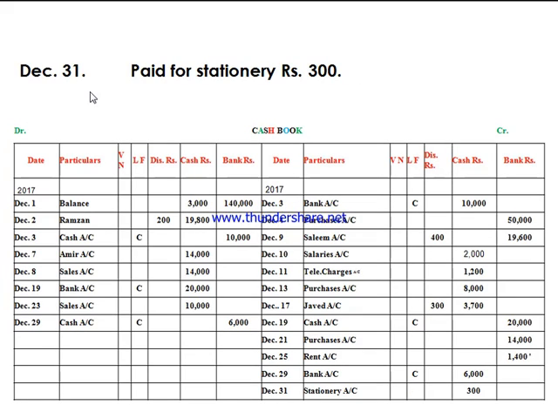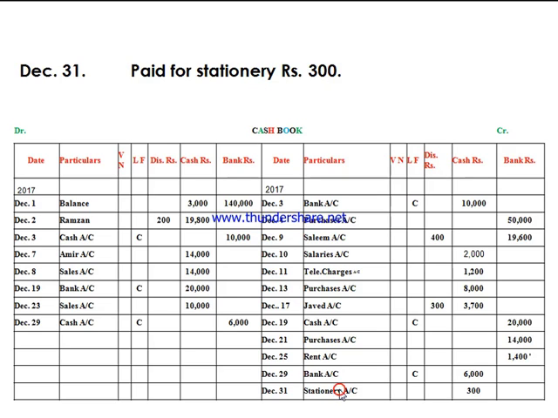The next transaction is the last transaction of the question, December 31st, paid for stationery rupees 300. It is a payment transaction, so we will write it down on the payment side of the cash book. In the cash column 300 rupees has been recorded. Why this payment is made, why this cash is going out of the business, is due to stationery.